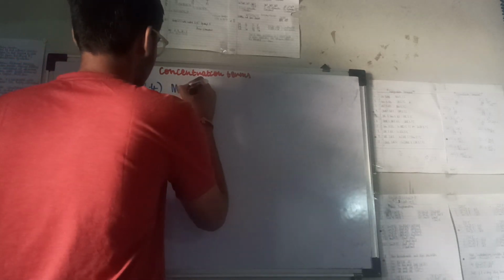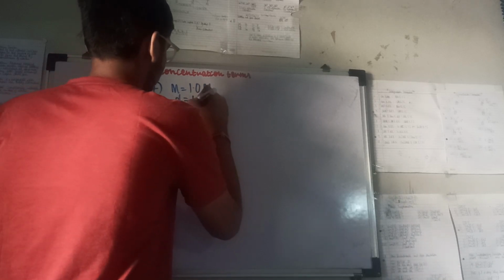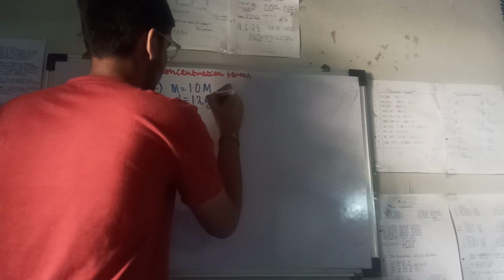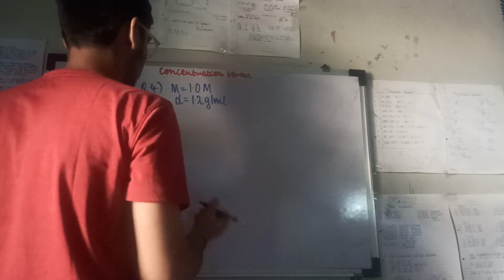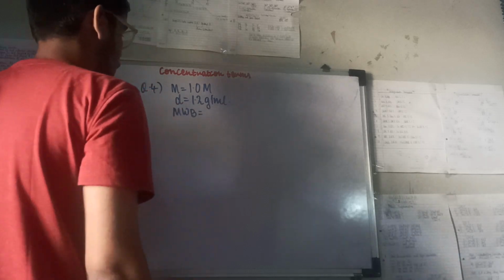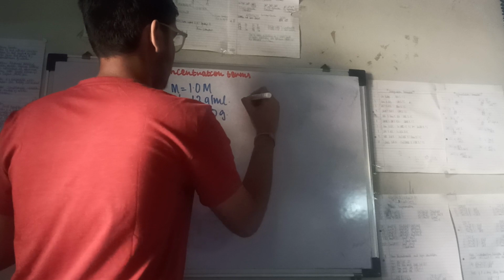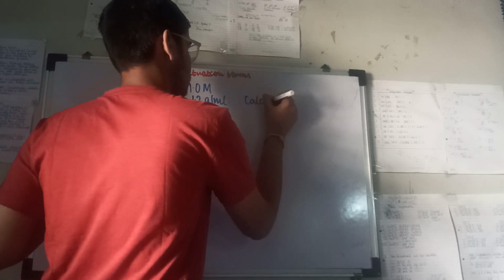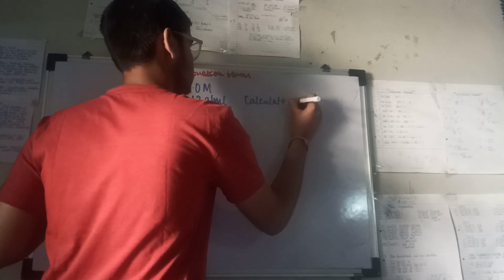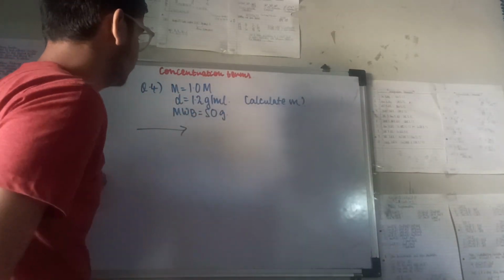If molarity is 1 M and density is 1.2 gram per ml, molecular weight of solute is given as 50 gram. Calculate molality. Comment me this answer also.